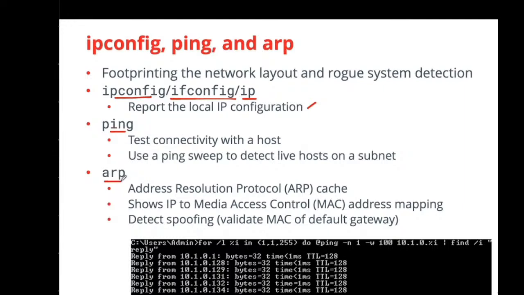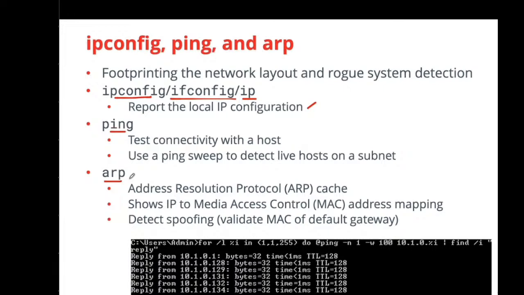Then you have ARP, that is Address Resolution Protocol. When you run arp space -a in your Windows machine, it will give you the ARP cache. The ARP cache basically shows all the MAC addresses of the interface associated with each IP address the local host has communicated with recently.